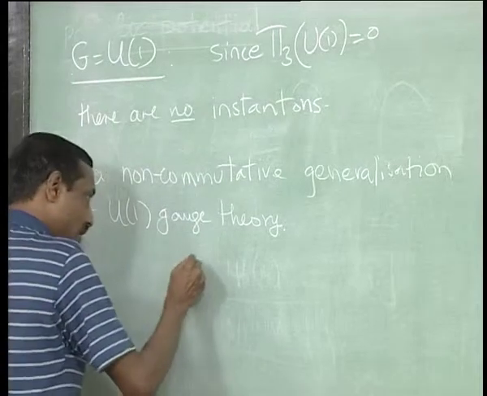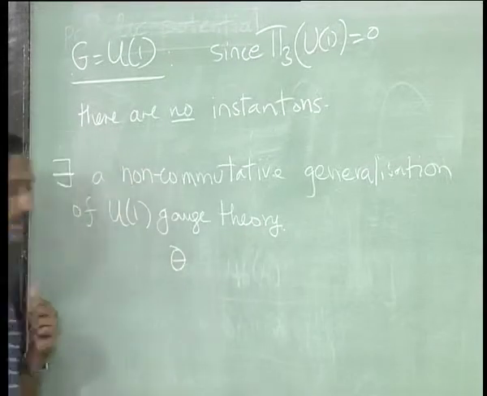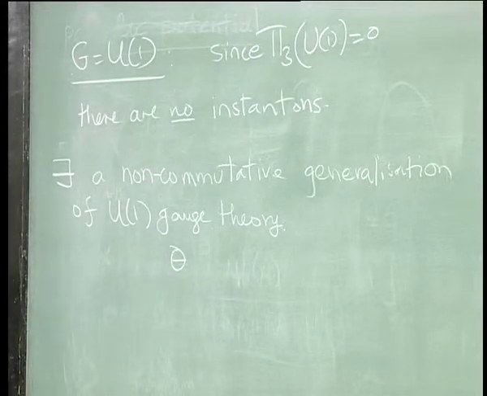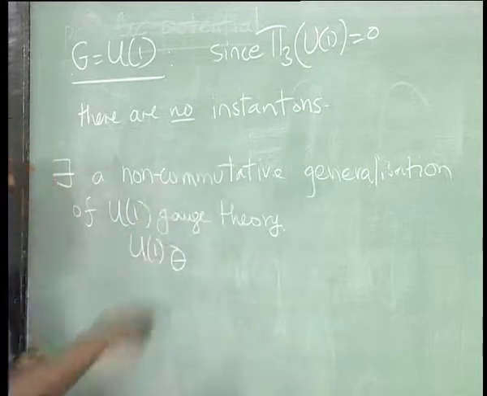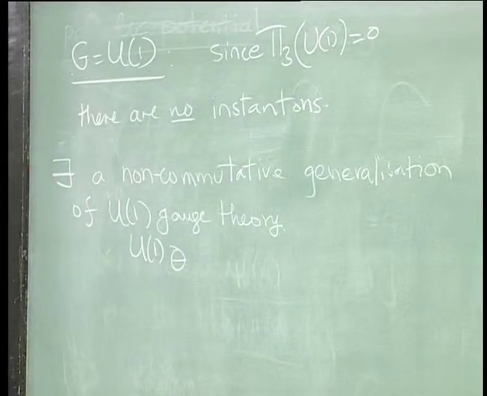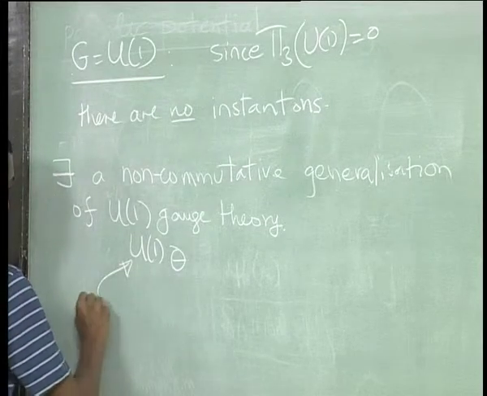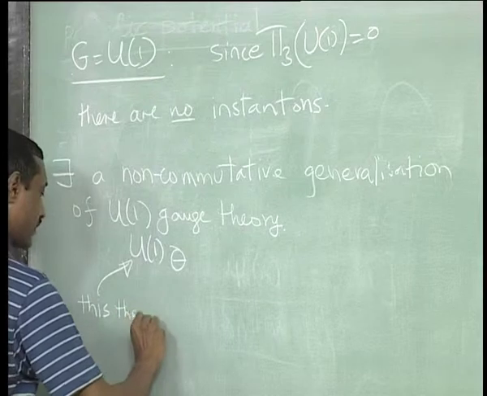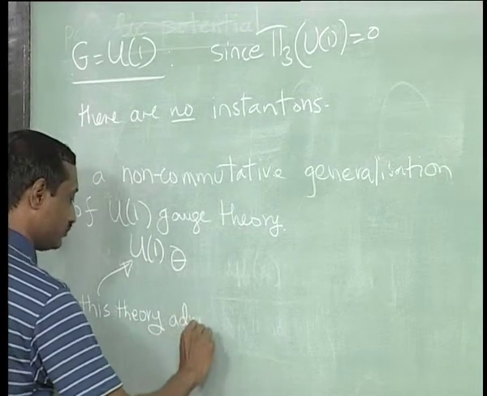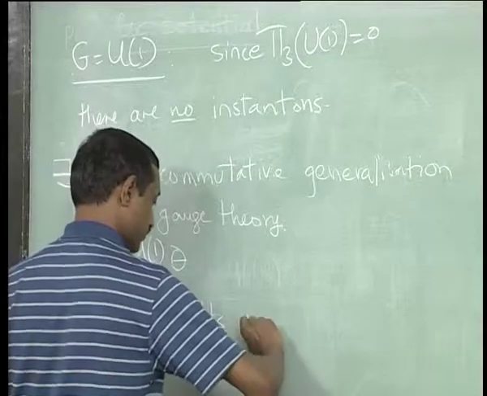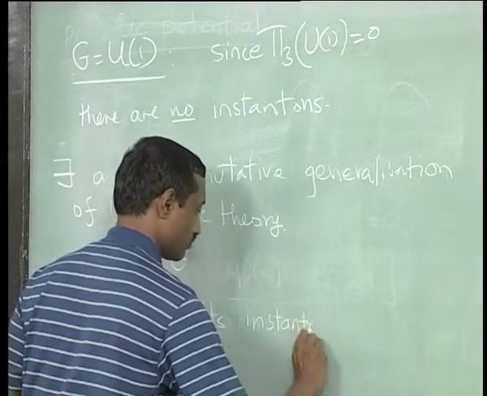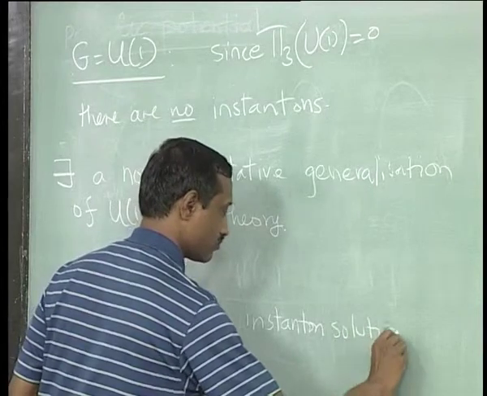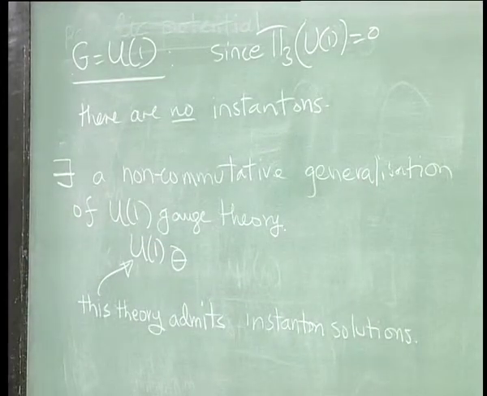I do not want to get into details, but there is a family of non-commutative gauge theories with this parameter theta. Theta equal to 0 is the commutative limit, but if you switch on a theta, this theory admits instanton solutions. Theta is a real parameter.